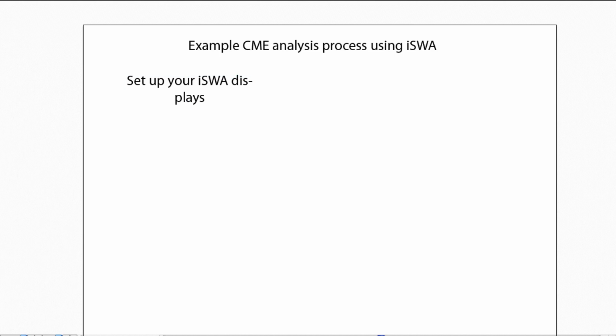The next step we will identify here is now the first part of the actual circular process that we'll be generating here, and the first step in this is you need to identify if there are any significant moving objects in the ISWA displays that you set up.